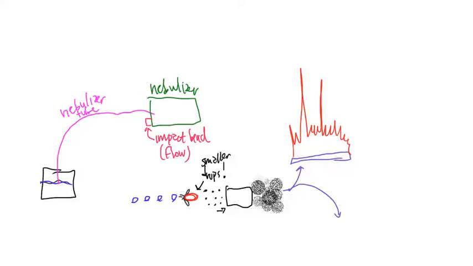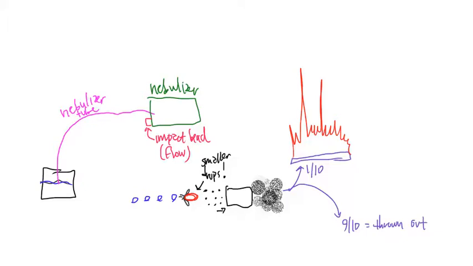Well, how much is some? 9/10 of the sample will leave and get thrown out of the machine. What a waste. It's kind of sad and depressing, isn't it? 1/10 of the sample actually makes it to the flame itself.